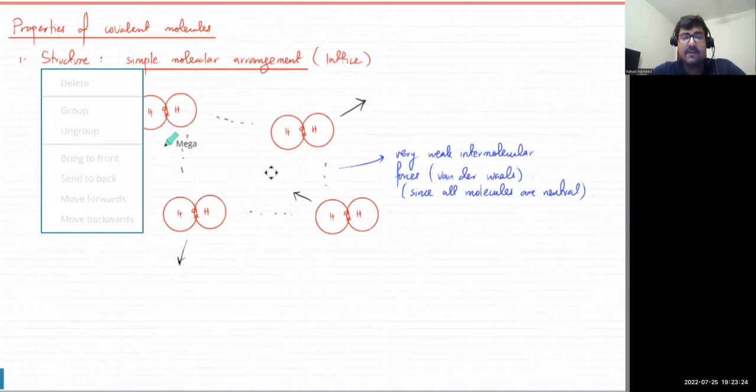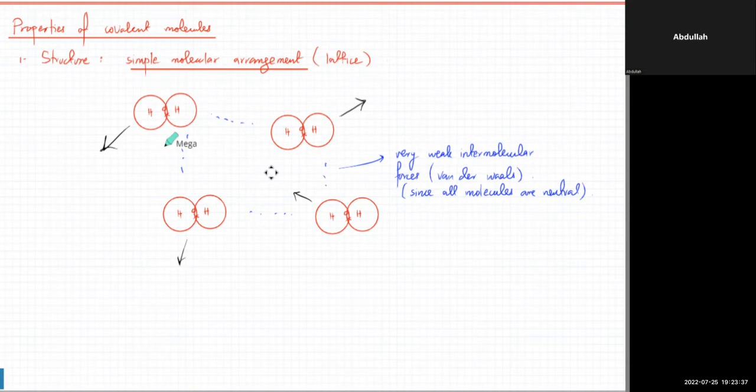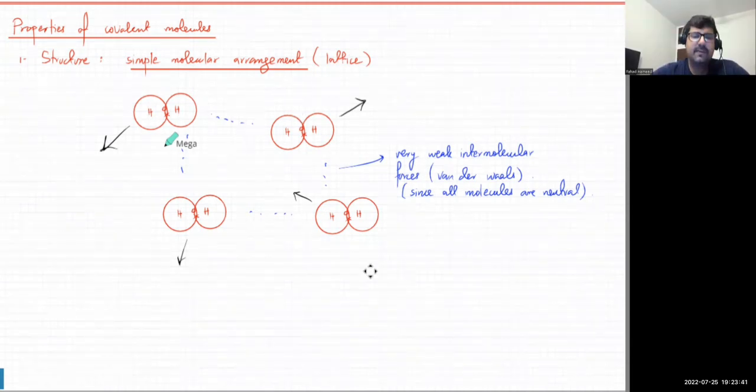If they're freely moving around, what state are they in? Are they liquids, gases, or solids? Which state is it? If the particles are freely moving around, it's going to be gas.